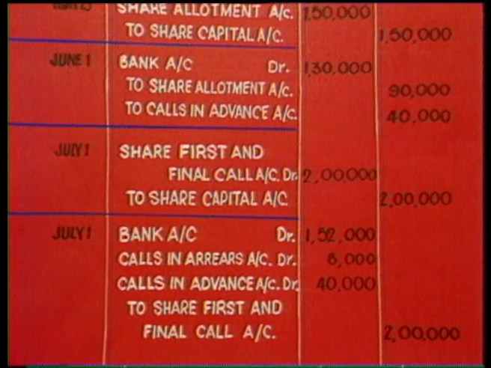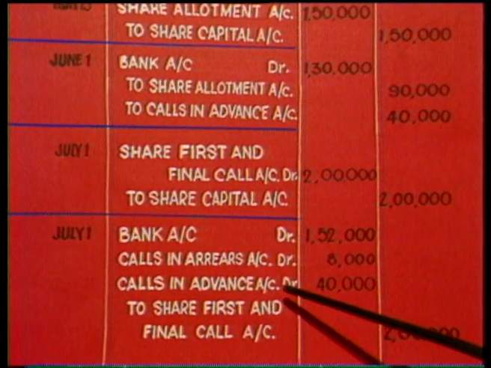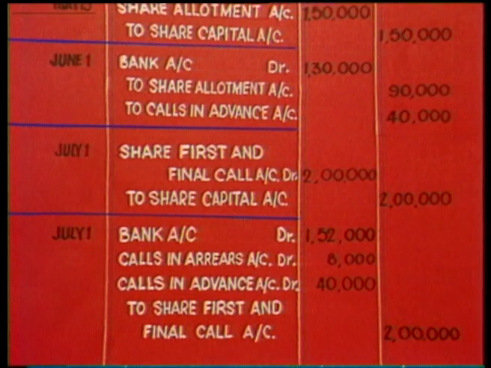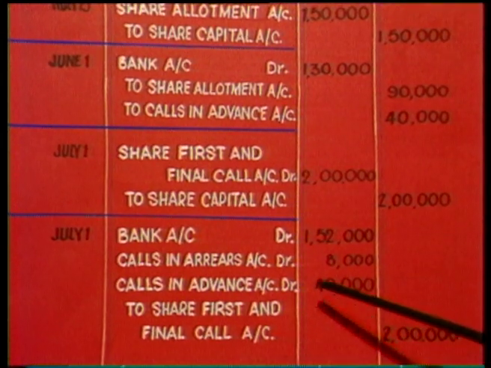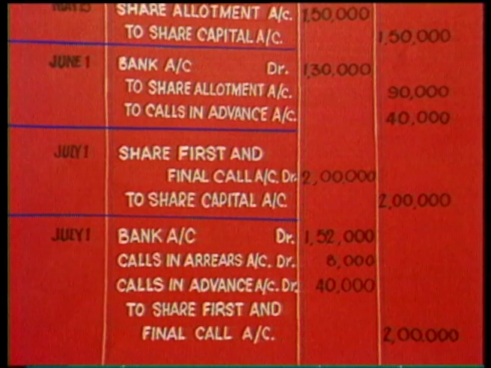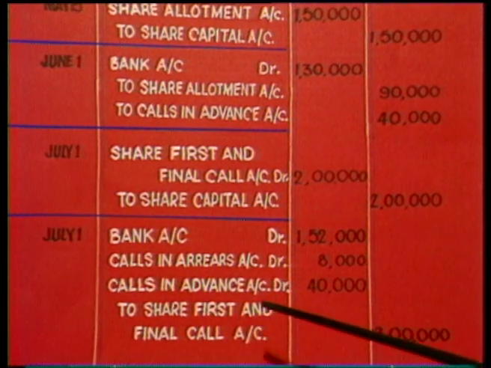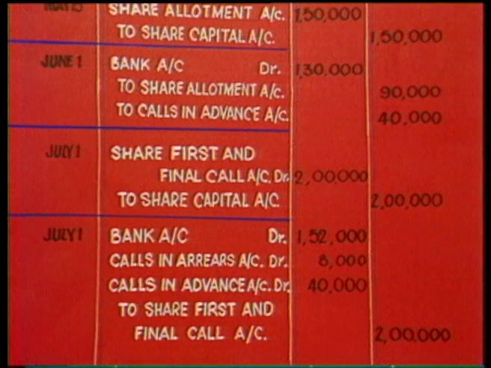Being transfer of calls in advance amount on 10,000 shares at 4 rupees per share, rupees 40,000. And the total transfer to share first and final call account is on 50,000 shares at rupees 4 per share, totaling to rupees 2 lakhs.